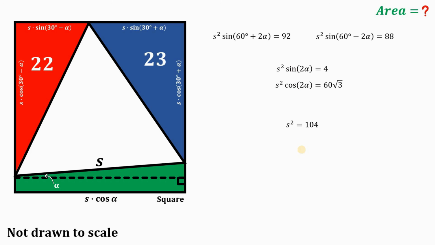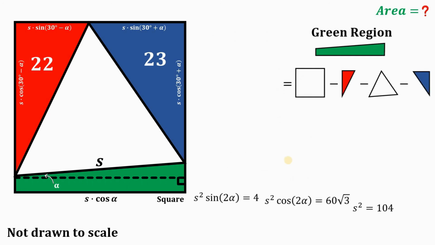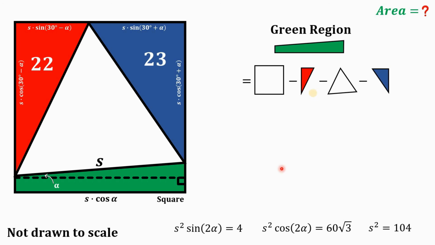And using these three results, we can now get the area of this green region. So let's do that. To find the area of the green region, we need to have the area of the square minus the red triangle minus the equilateral triangle minus the blue triangle.